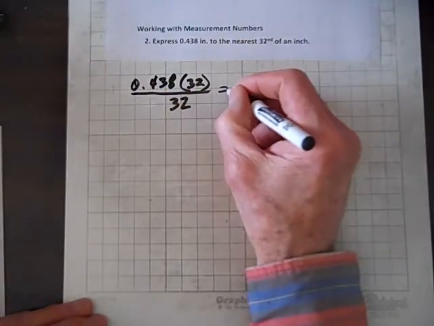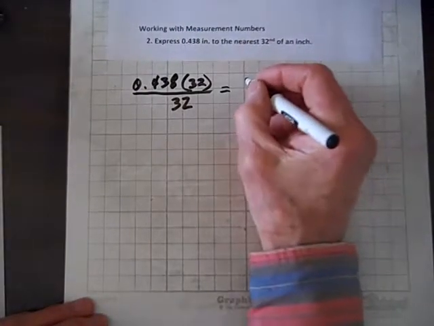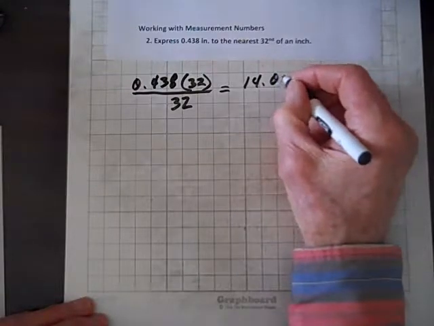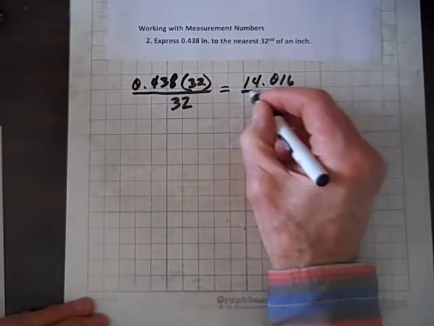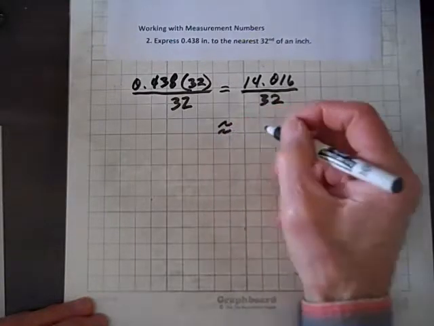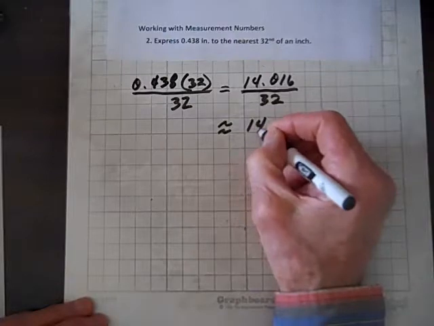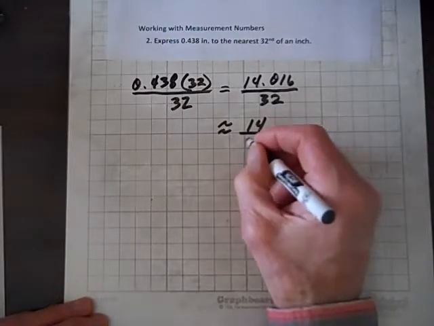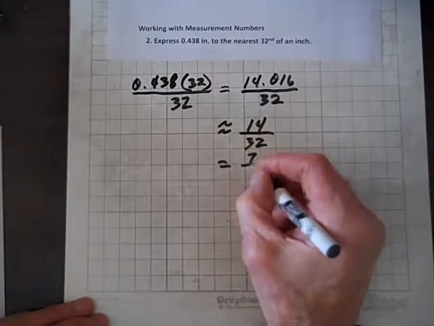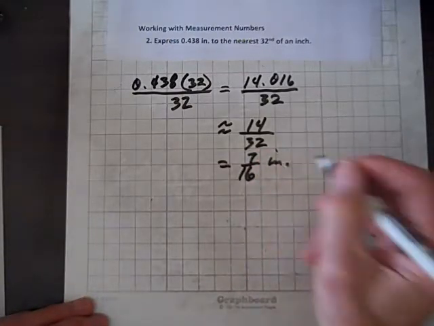The product of those turns out to be 14.016 over 32. Now we'll round that numerator to the nearest integer, and that becomes 14 over 32, and that reduces to 7/16, so that's 7/16 of an inch.